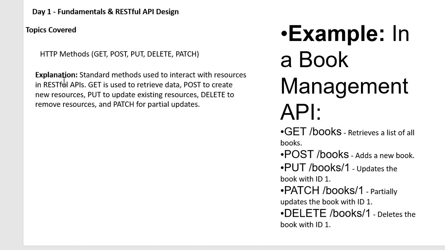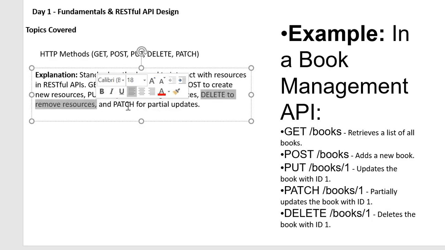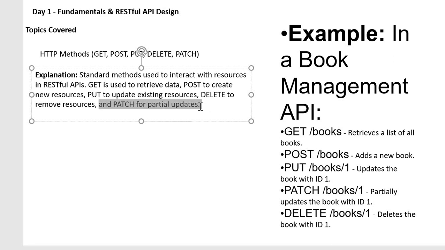And what is the explanation of REST API? Like standard methods used to interact with resources in the REST API. Get is used to retrieve the data, and post is used to create new resources, and put is used to update an existing resource, and delete is used to remove, and patch is used for partial updates.